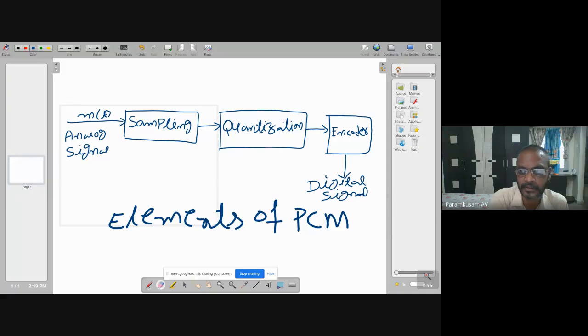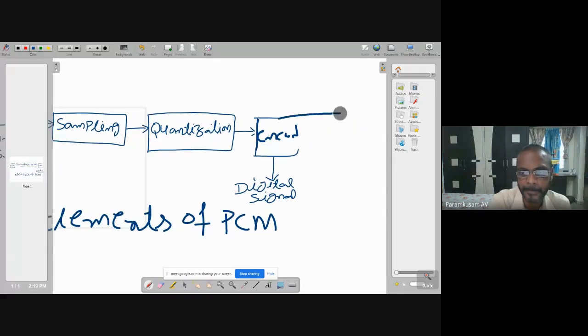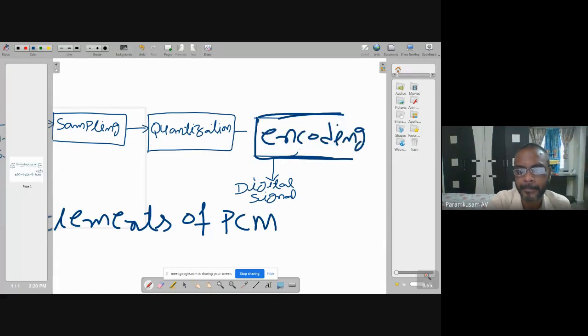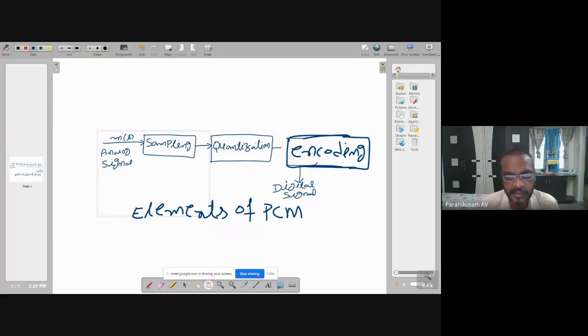Here you can write encoding. These are the three processes that are involved in pulse code modulation.